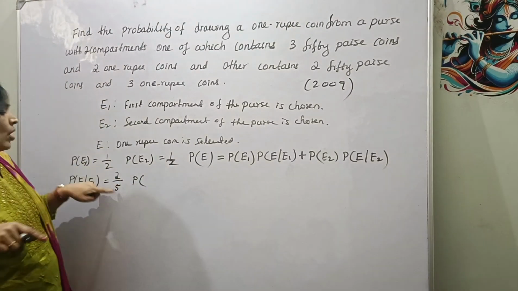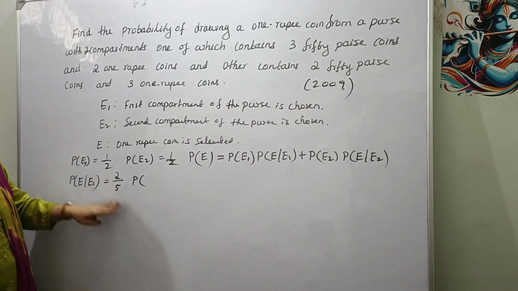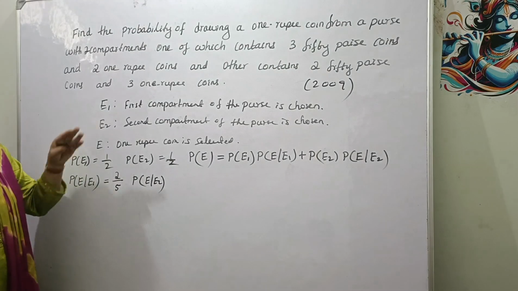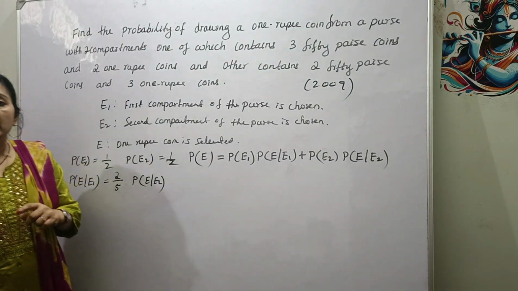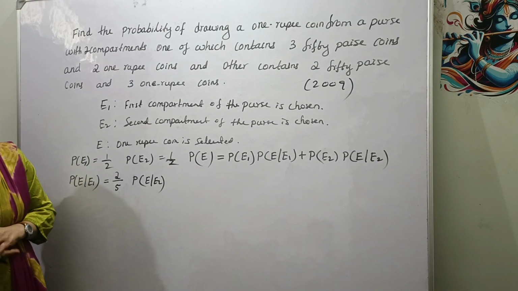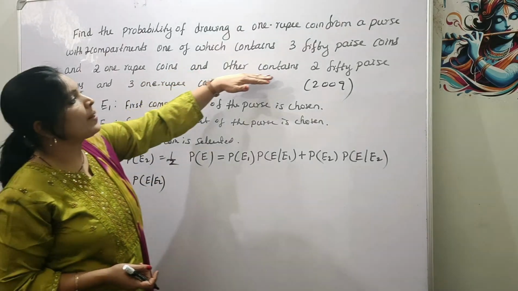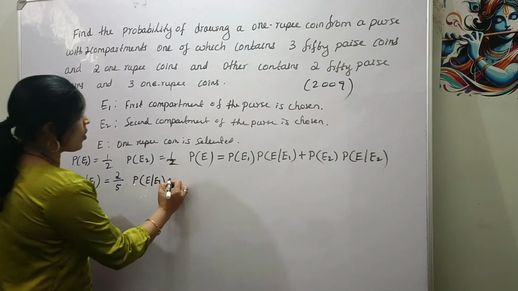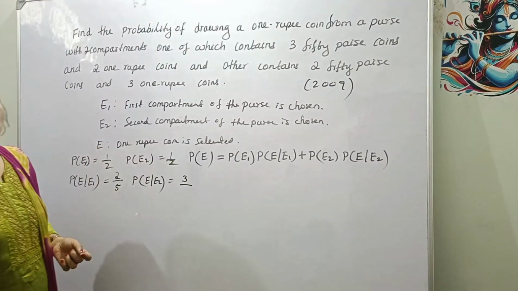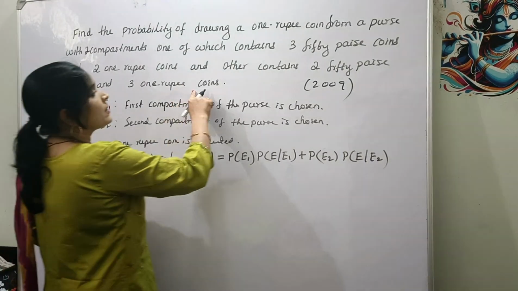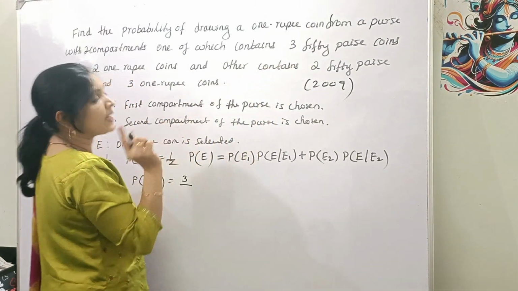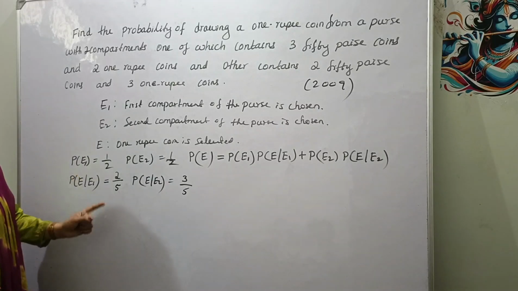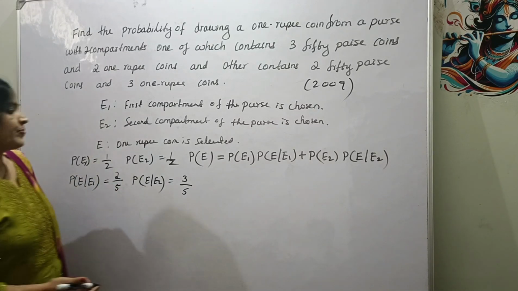Therefore, 2 out of 5. And probability of E given E2, that is the probability that a 1 rupee coin is drawn from the second compartment. The second compartment has 3 1 rupee coins, and there are a total of 5 coins, 2 plus 3, in compartment 2. So probability of E given E2 is 3 by 5.